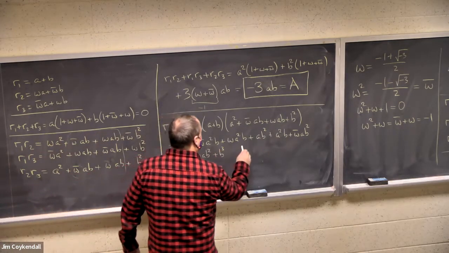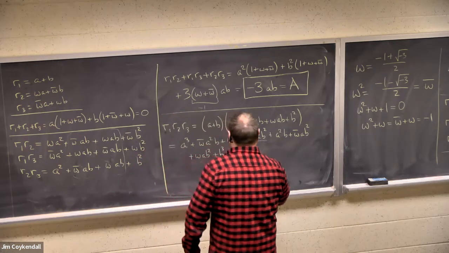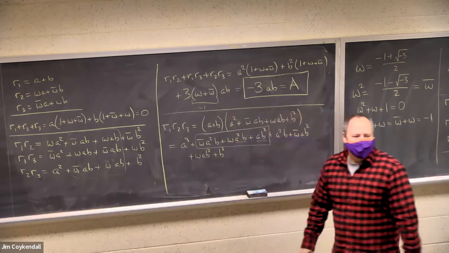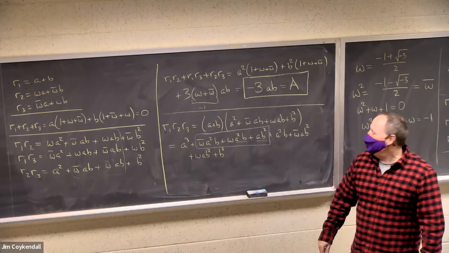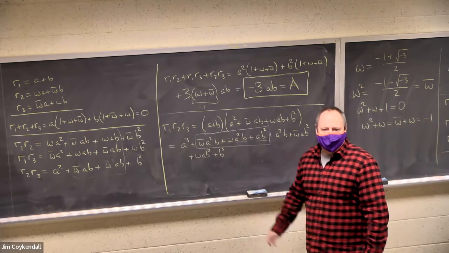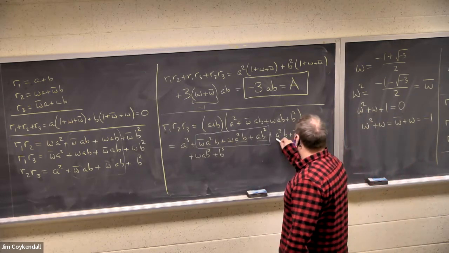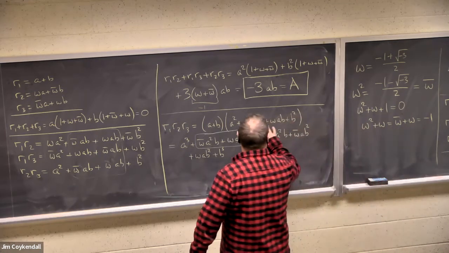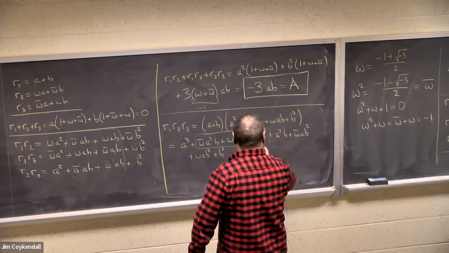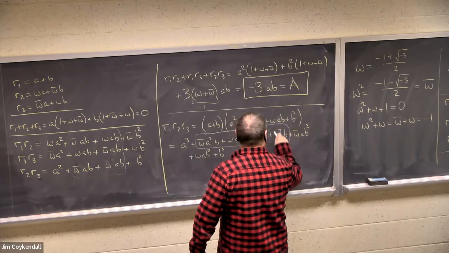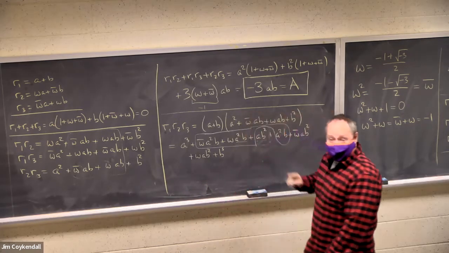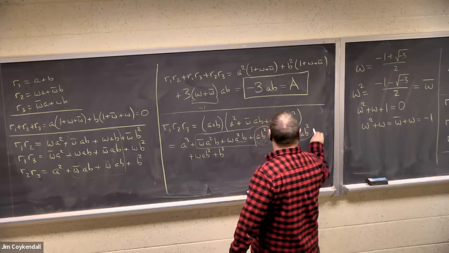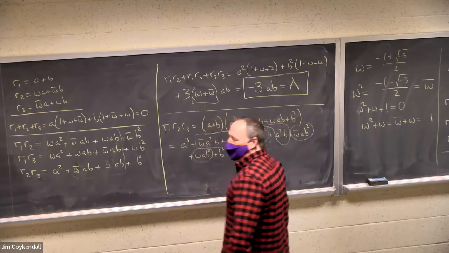Let's look at the A squared B's. What does that bit add up to? That's a zero because it's A squared B times the sum of all the roots. Oh, I'm sorry, I underlined the wrong one, didn't I? Right, okay. I see, so let's do this. Those three add up to zero, and these three add up to zero.